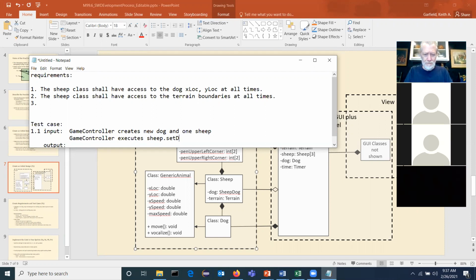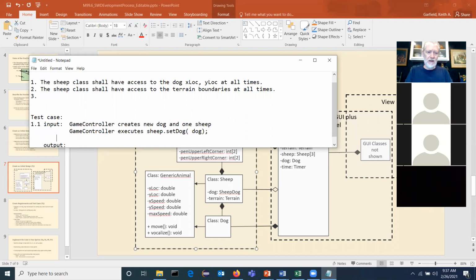Set dog. Right, so now I've created a dog, I've created a sheep, and the game controller is supposed to pass that dog information down to the sheep. So we're doing that. And then we can say, dog dot set X location 5.0 and dog dot set Y location 5.0.